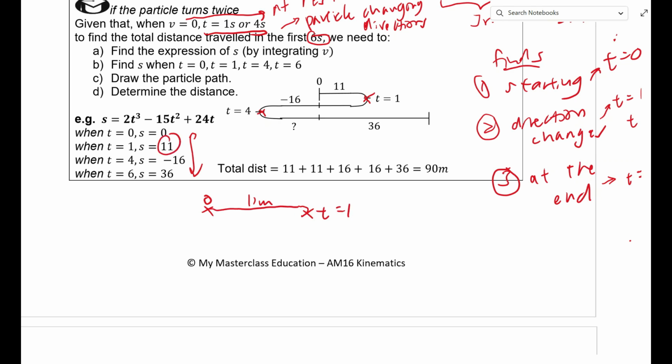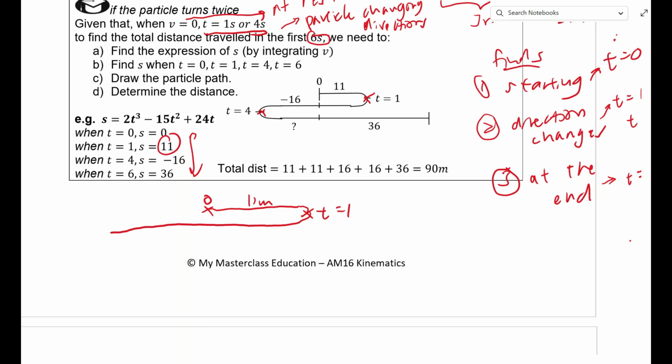So we get our 11 meters from subbing in t equals 1 into our s. Afterwards, we'll continue drawing the particle path backwards until we reach s equals negative 16.